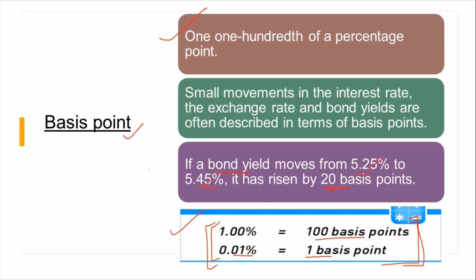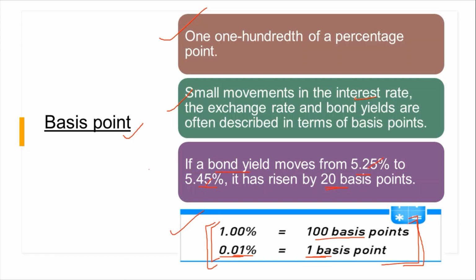Now let's see what it means in a word definition. One-hundredth of a percentage point is a basis point. This is what we saw here, which is 0.01% is 1 basis point. These are used to measure the small movements that happen in the interest rate. Of course, the interest rate doesn't go from 6% to 9%.